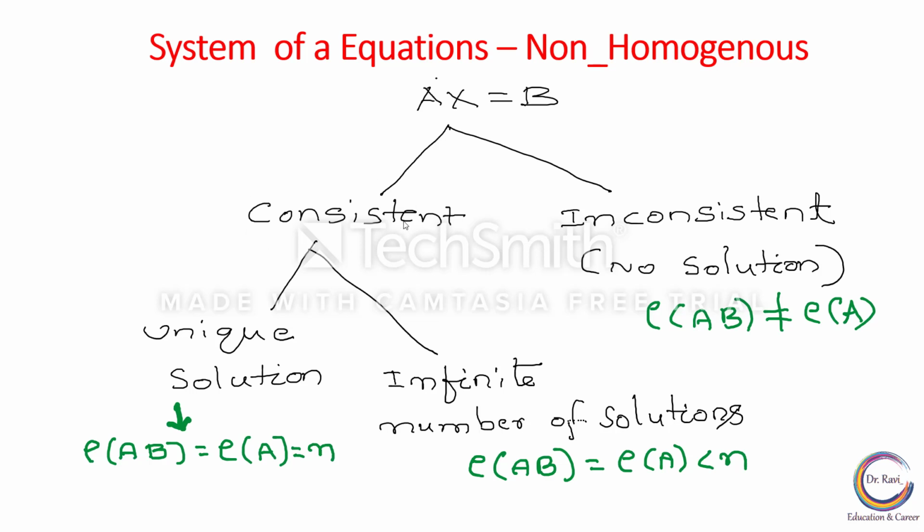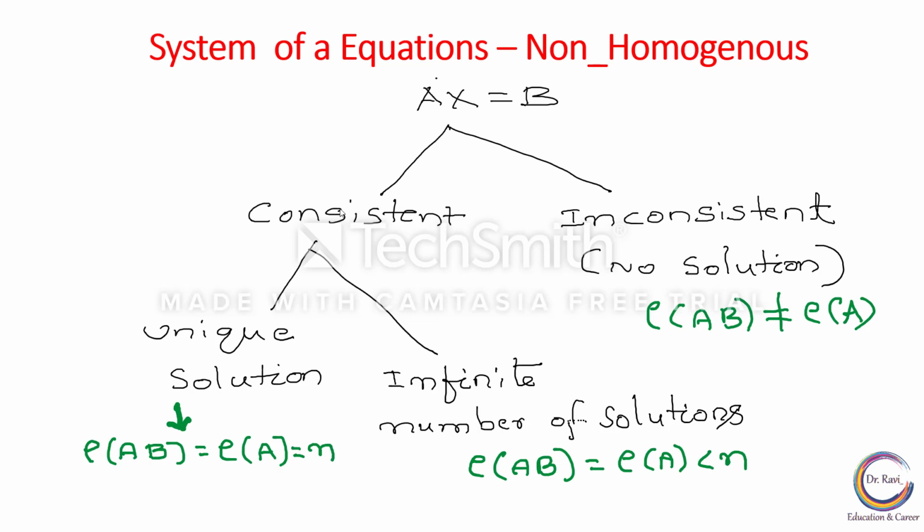That is the first condition. If not equal, that is rank of AB is not equal to rank of A, then the system is said to be inconsistent. Inconsistent means no solution.